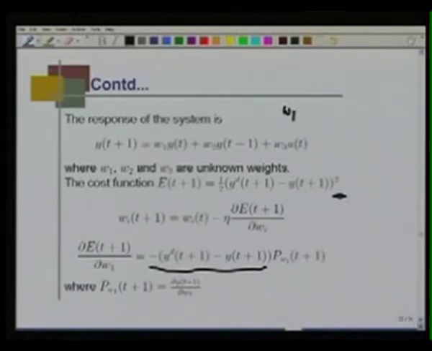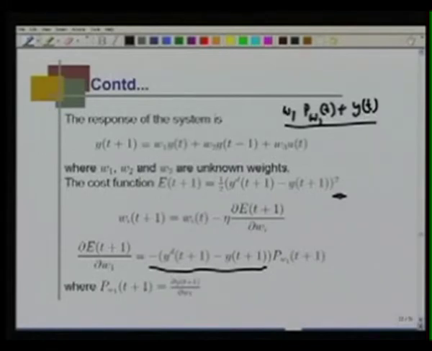So, W1 into, if I define this, it is simply P W1 t, plus here also if I differentiate W1 I simply have yt.